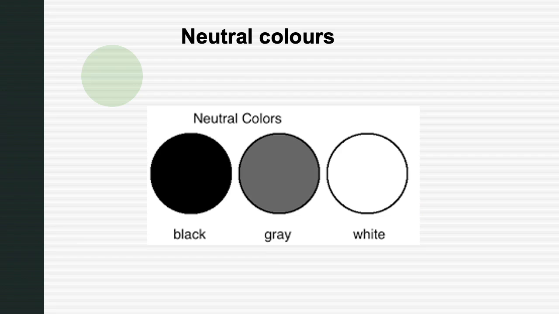Neutral colors are black, grey and white. We get tone, tint, shades by mixing of neutral colors. The opposite of a monocolor scheme is contrast colors. You use two different hues of colors for creating contrast colors.